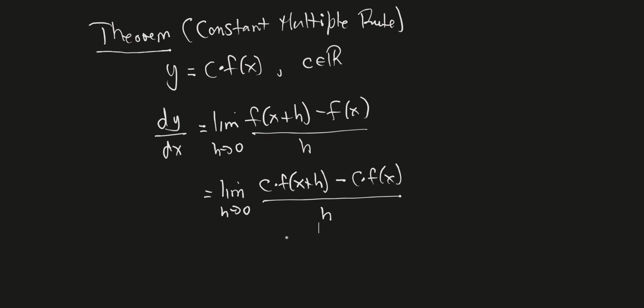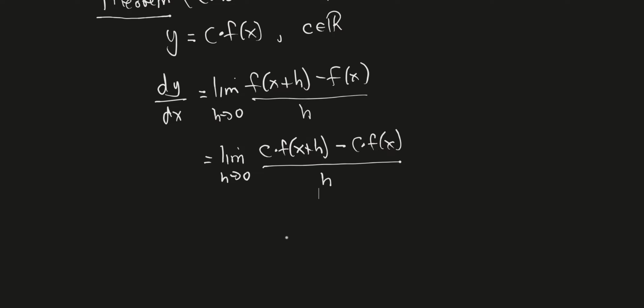So what can we do with this? Well, I look in the numerator and I see that there's a common factor of the constant c. So let's factor the constant out of the numerator.